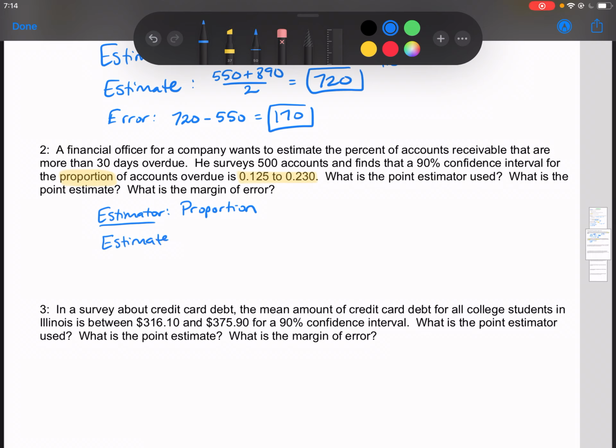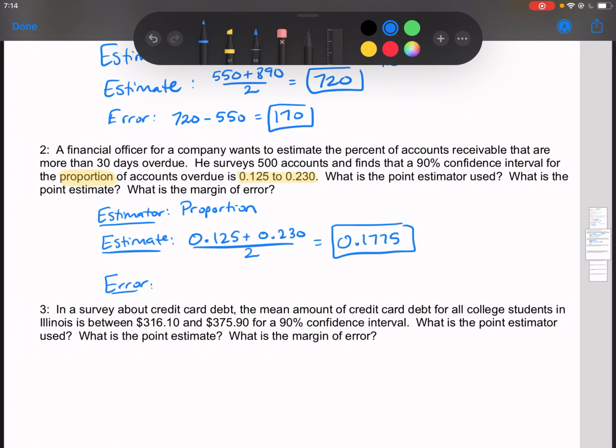If you recall, the point estimate is always right in the middle. So I'm going to take that 0.125, add it to the 0.230, and then divide it by 2. And I end up with 0.1775. And then, as you recall, the margin of error is just the distance from this point estimate to either one of these numbers.